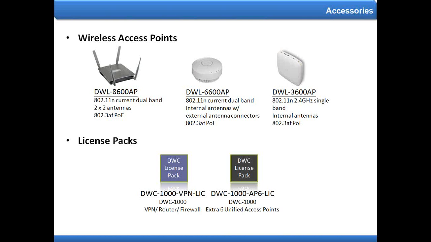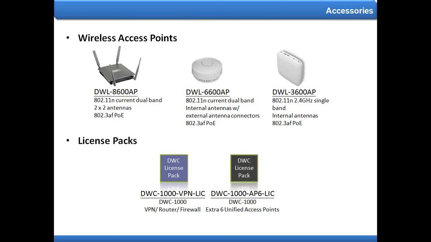Then we also have the DWL3600AP. This is a lower cost 802.11n, 2.4 gigahertz only, so it's a single band access point, which is also plenum rated to allow for maximum installation options above or below plenum rated areas.